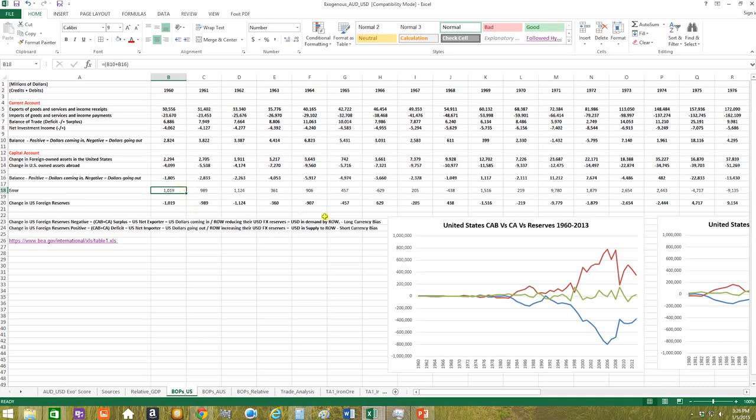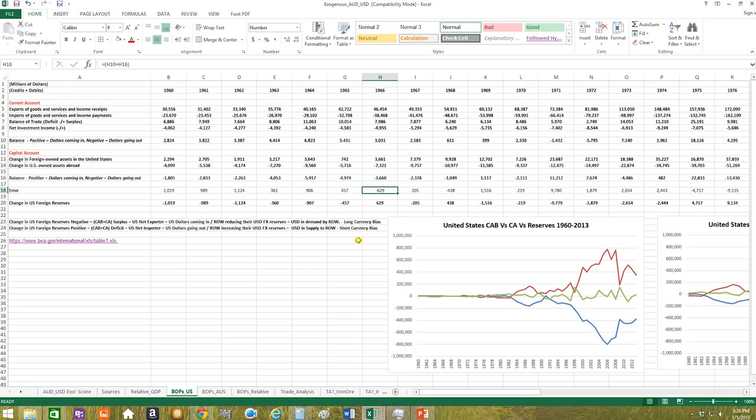Now, let's think of this in reverse, where the error is actually negative. So if we look at column H, for example, if in column H we have a negative value here, well, this means that there's more dollars being shipped out of the United States.